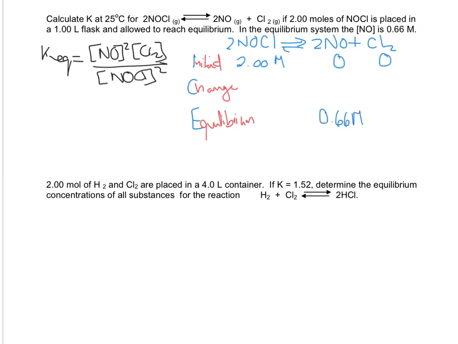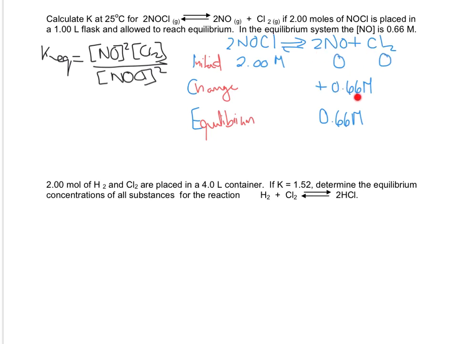Now, if you started initially for NO with 0, and you ended with 0.66 molar, that means the change was that you increased by 0.66 molar. If we know the change for the NO, we can figure out the change for the Cl2 from the stoichiometric ratio. It's a 2 to 1.